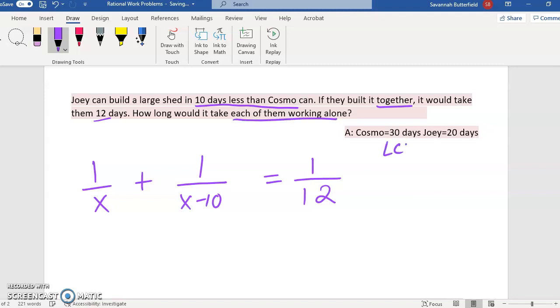So for this least common denominator, if you look, all three of these denominators are different. So we're just going to have to do 12 times x times x minus 10 as my LCD. None of them are the same, so we're just going to throw them all together. So we're going to multiply by 12x and x minus 10 on all three.